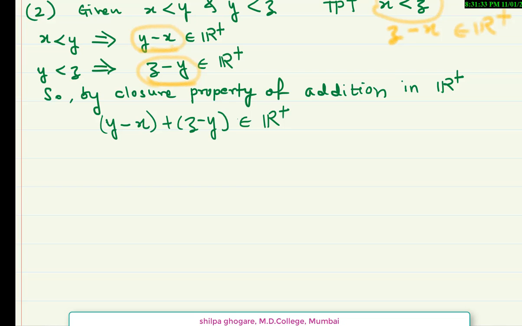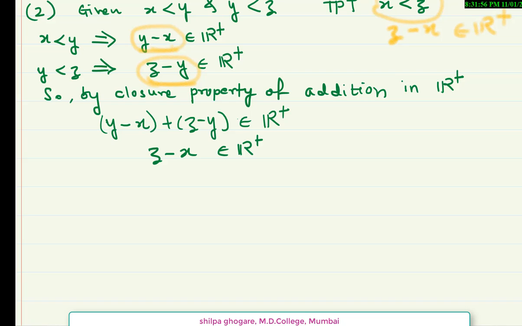And by the way, what is the answer over here? You can see y and minus y get cancelled. You can directly write this as z minus x belongs to R plus.